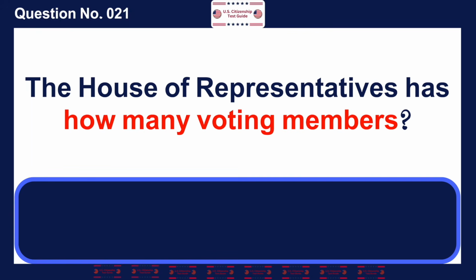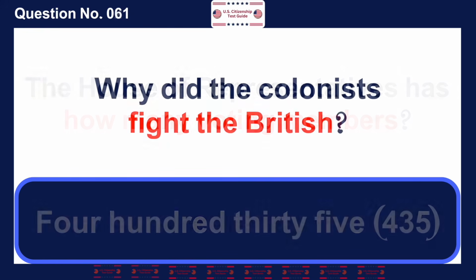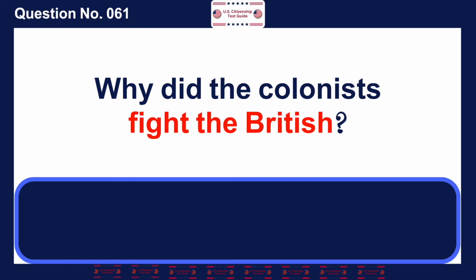The House of Representatives has how many voting members? 435. Why did the colonists fight the British?